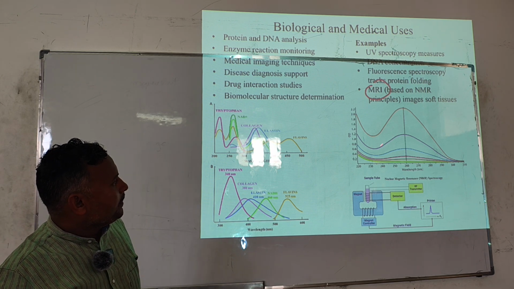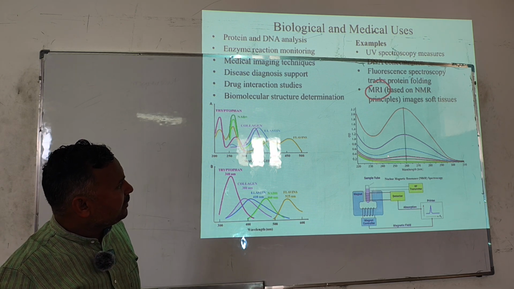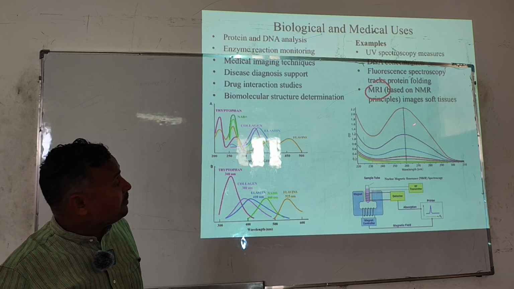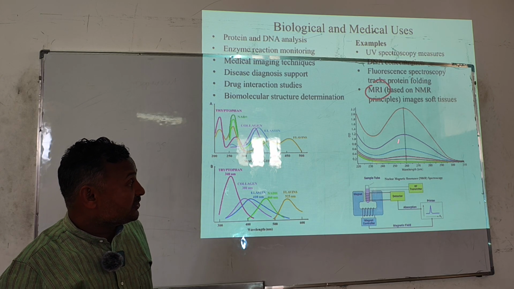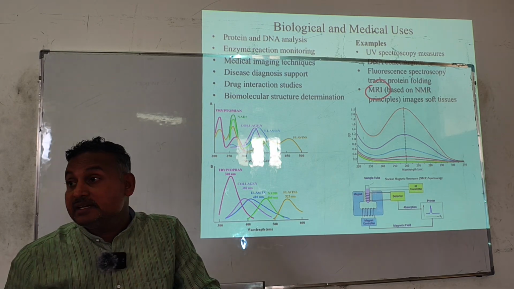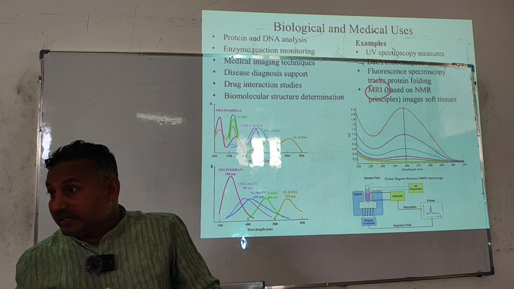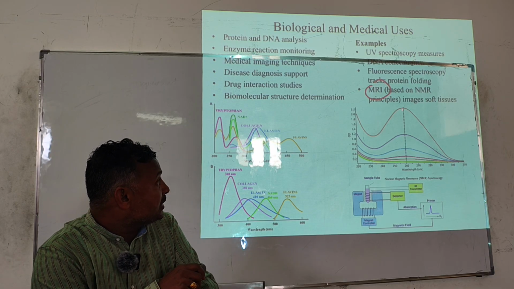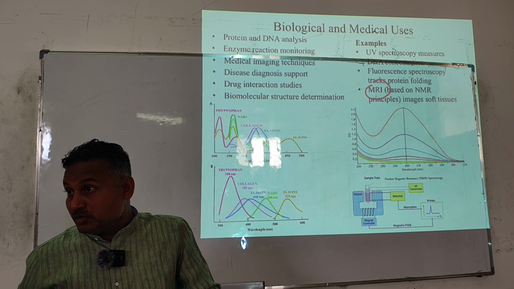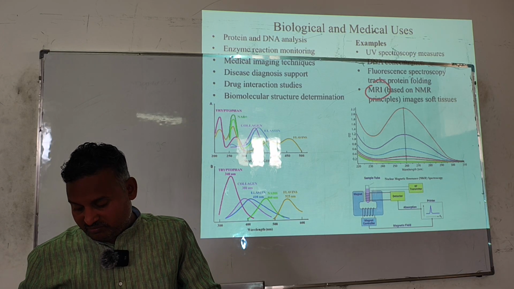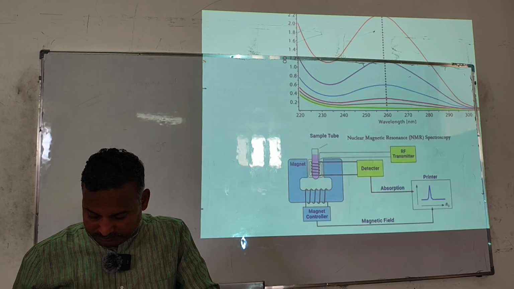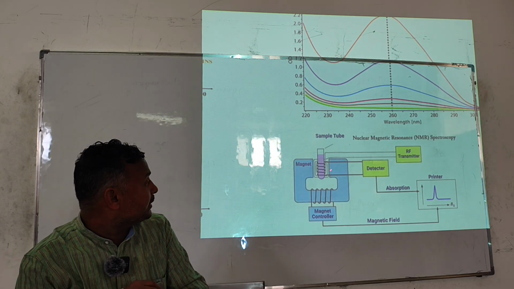Here it is the same drug, with the same lambda maximum, but different concentrations. As the peak intensity increases, concentration also increases. Among all these, this one is the highest concentration. So this is also useful for quantification. For example, this is an NMR spectrometer.